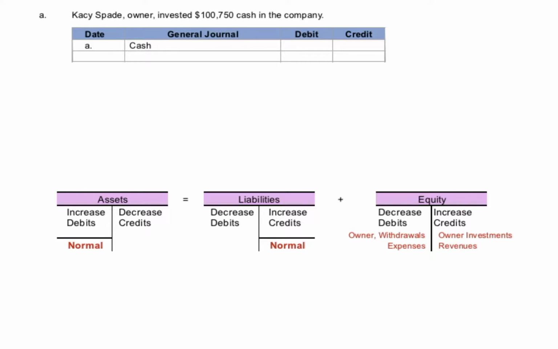So this first entry is going to be a debit to cash. Cash is an asset, so we're showing cash increasing here, because from the company's perspective, that's what's happening. Cash increases by $100,750. How did I know it was cash? Well, obviously, that's kind of self-explanatory there.